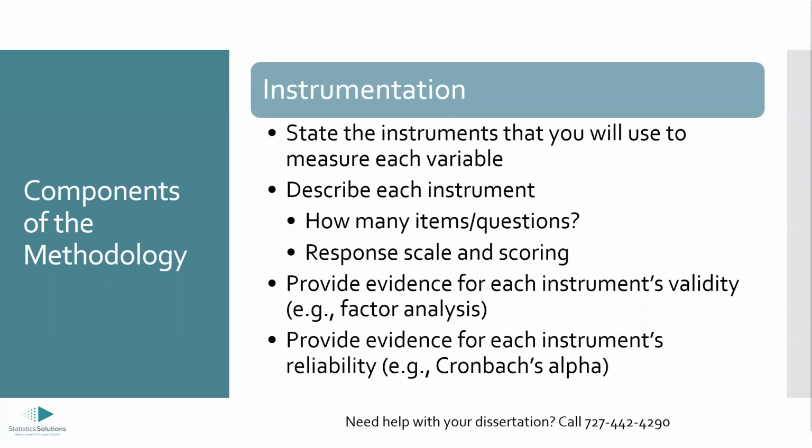But you may have other types of measurements depending on your study. If you're doing something like a biomedical study where you have measurements of things like height, weight, blood pressure, and other physical assessments, then you might have specific instruments that measure those types of things, like specific blood pressure monitors or scales to measure weight. So those can be instruments as well.